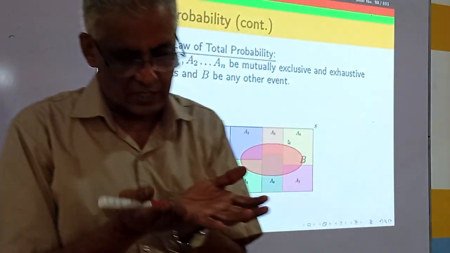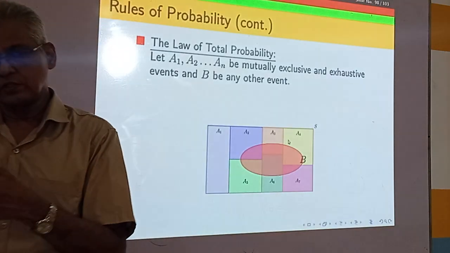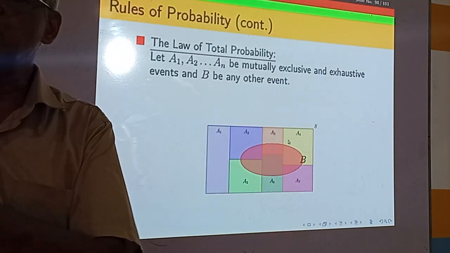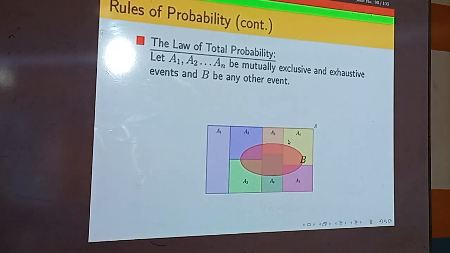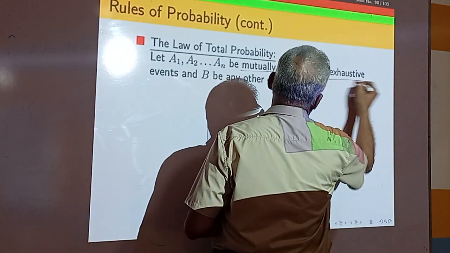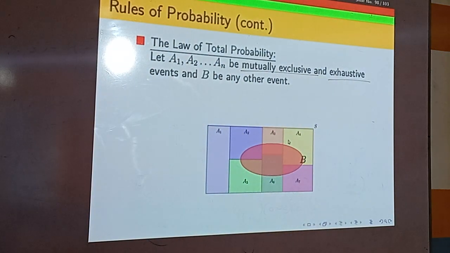You want the unconditional probability of event B, but you know the probability of B given some events A1, A2, A3 and so on. If those A1 up to An are mutually exclusive and exhaustive, this theorem can be applied. They have to be mutually exclusive and exhaustive.